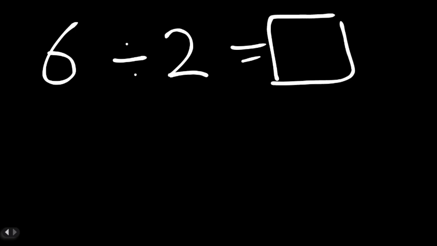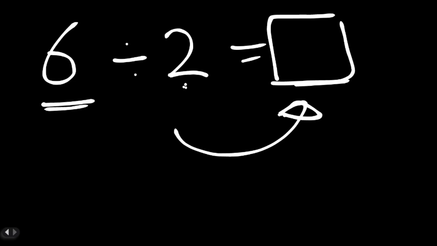I need a number here. If I multiply it by 2, I get 6. What is the number times 2 equals 6? Exactly, number 3. So 6 divided by 2 equals 3.